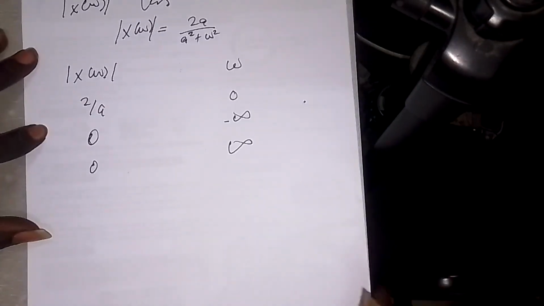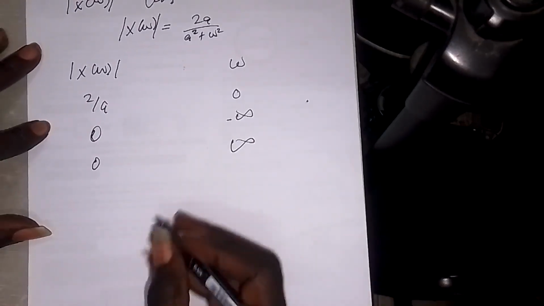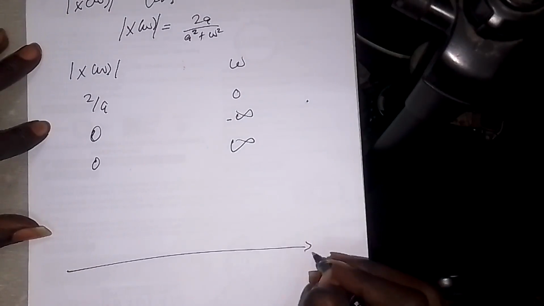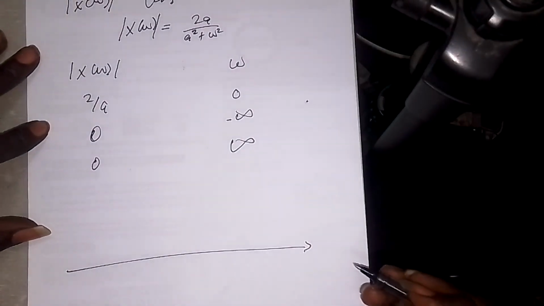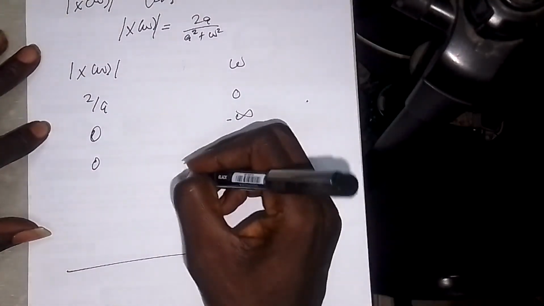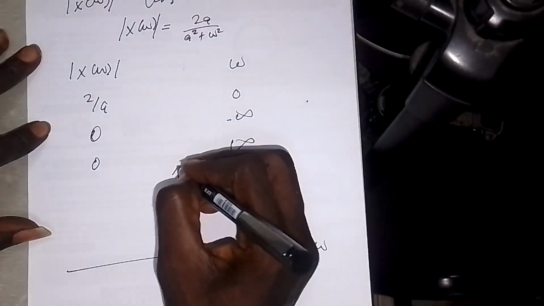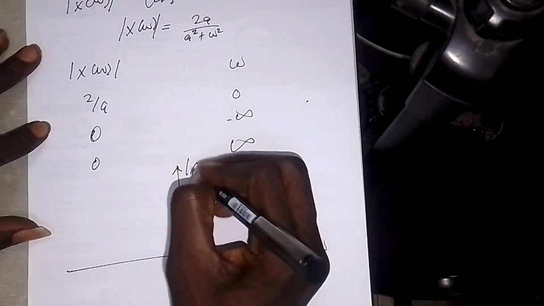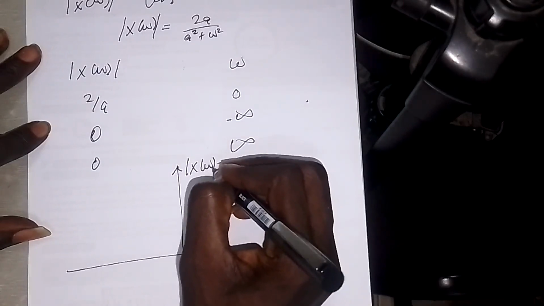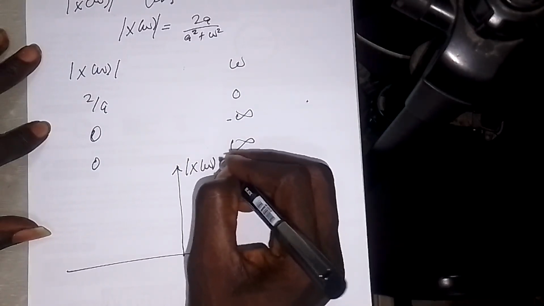So from here, you can just draw your frequency spectrum. Your horizontal axis here is omega, and the vertical axis is the modulus of X of omega.